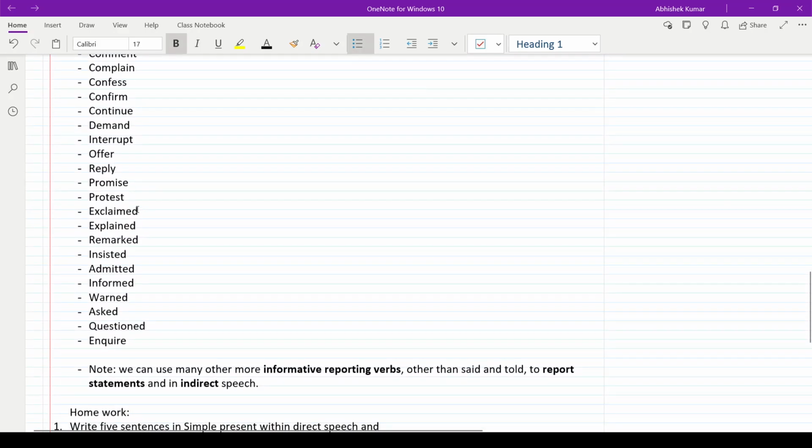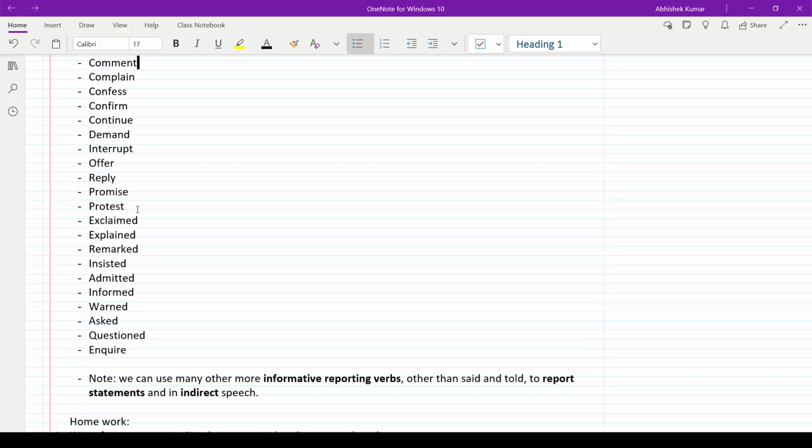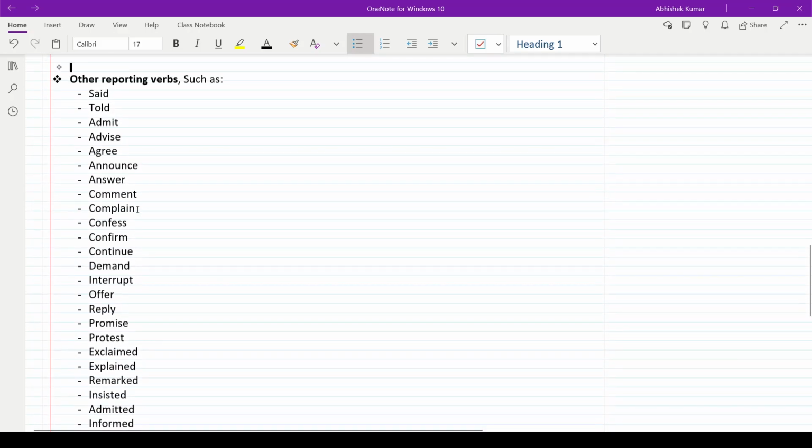Now, these are the common reporting verbs while converting from direct speech to indirect speech that you can write depending upon the mood of the speaker, the expression you would like to convey, or the context. Let's say if you would like to convey a sense of interruption, instead of he said, you will say he interrupted.